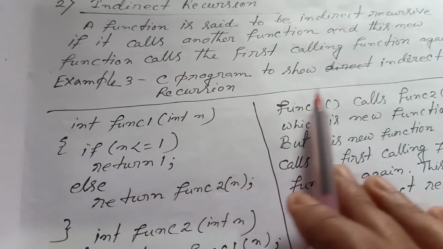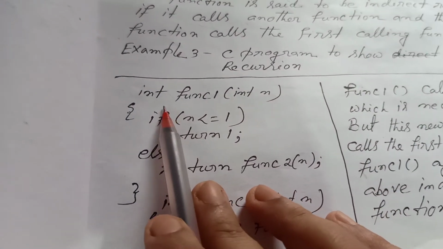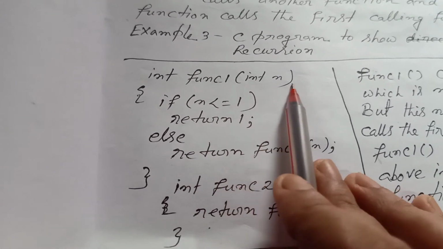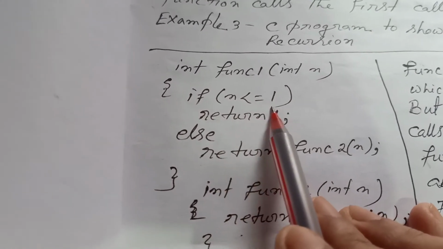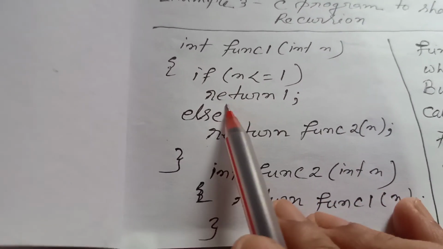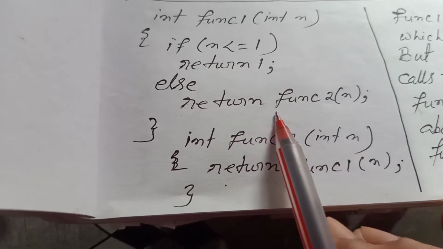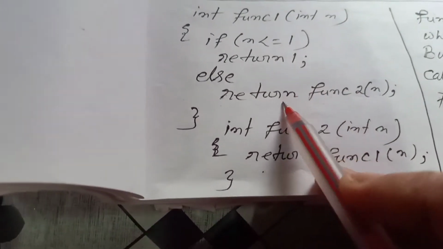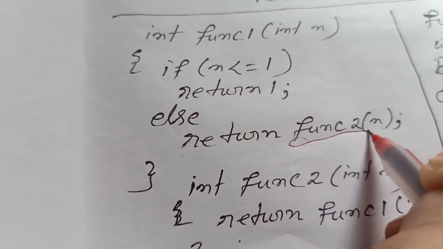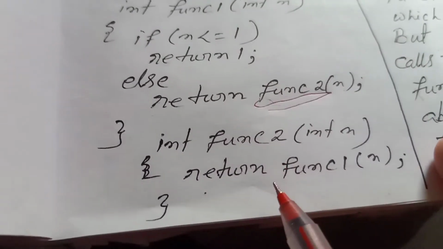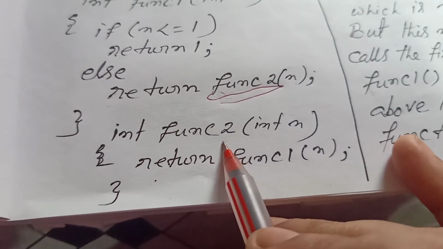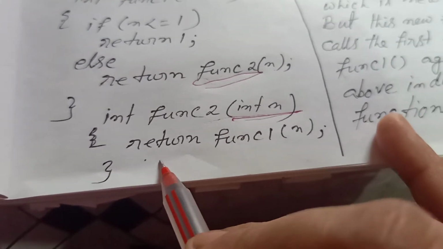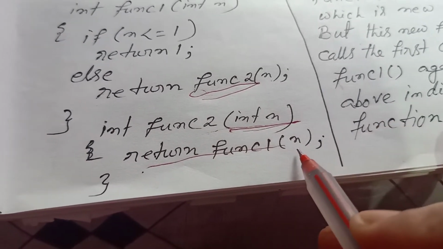So let's take an example to show indirect recursion. Int func1 with the argument int n. If n is less than or equal to 1, we are putting a condition, then it returns 1, else return func2 of n. So this is the second function within the first function. Now int func2 with argument n returns func1.